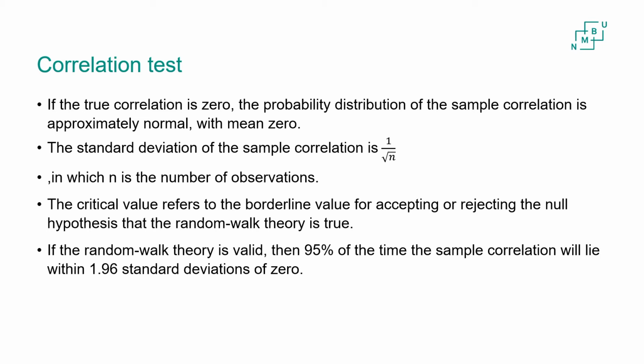Then you can say that in 95% of all instances, the sample correlation you find would lie within these bounds, which means that if you find a sample correlation outside of these bounds, then you would falsify the hypothesis.